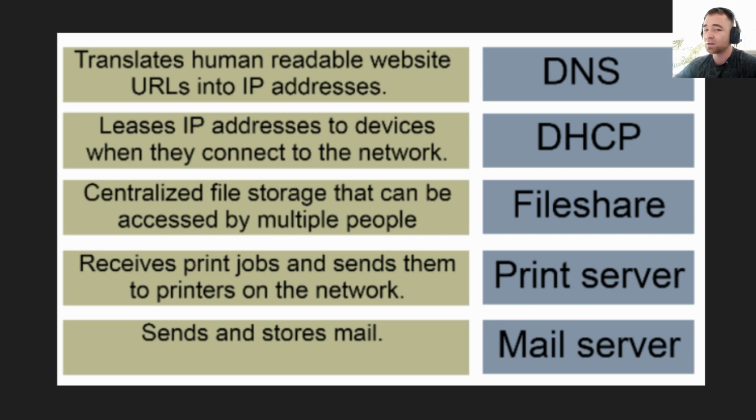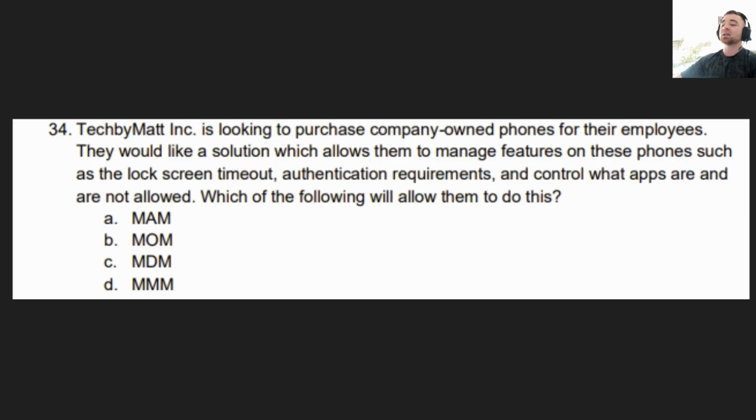Let's move on to multiple choice question number 1. The question reads, Tech by Matt Incorporated is looking to purchase company-owned phones for their employees. They would like a solution which allows them to manage features on those phones, such as the lock screen timeout, authentication requirements, and control what apps are and are not allowed.